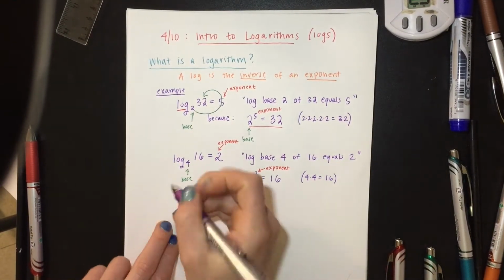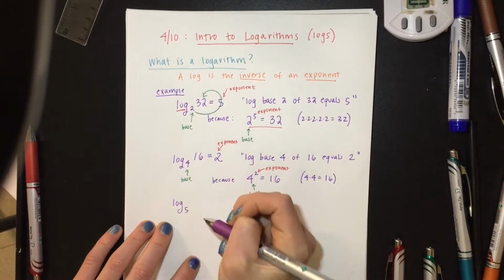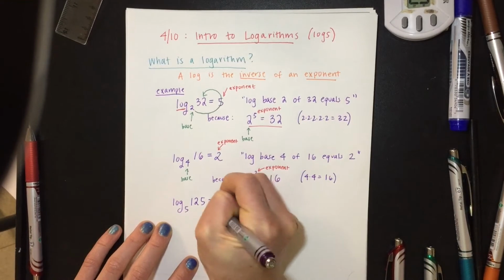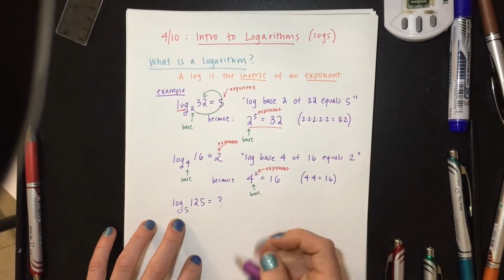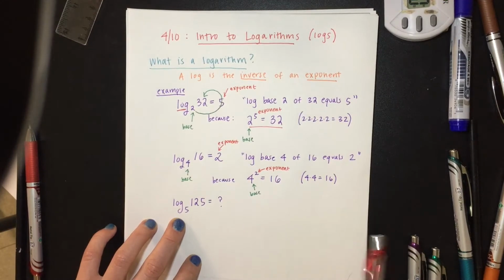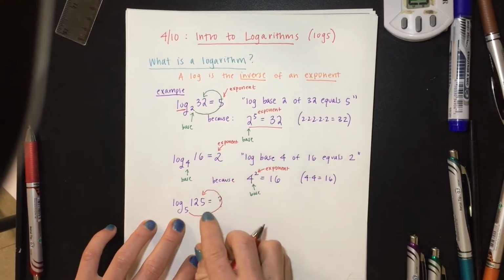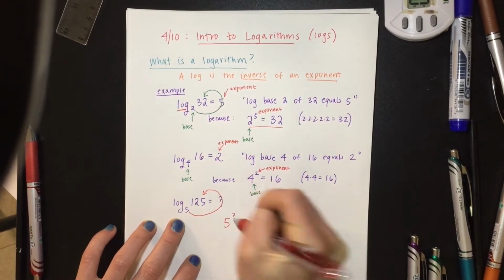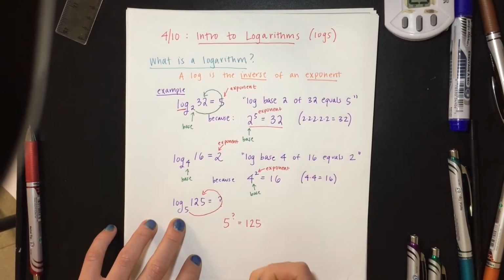Let's do a couple more. Log base 5 of 125 equals what? Well, what you should be asking yourself is, 5 to what exponent equals 125?